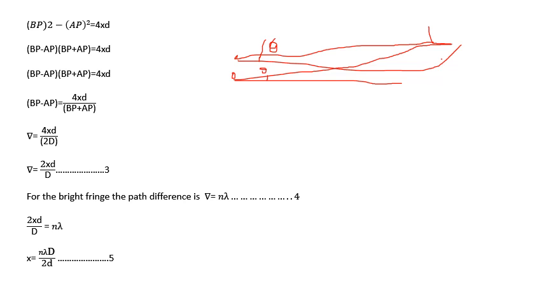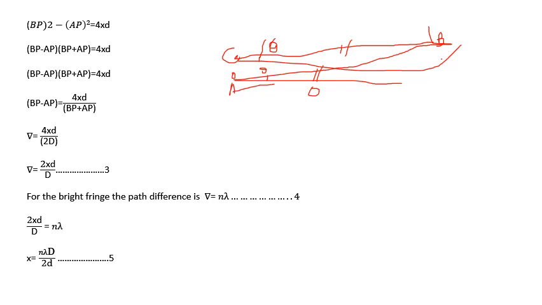Suppose this is a point, the light rays reinforce at point B, and this is point C. So C and A are very nearly situated, and B is very far away from C and D. In such a condition, the distance from A to B or C to B is approximately equal to CB, or approximately equal to AB.